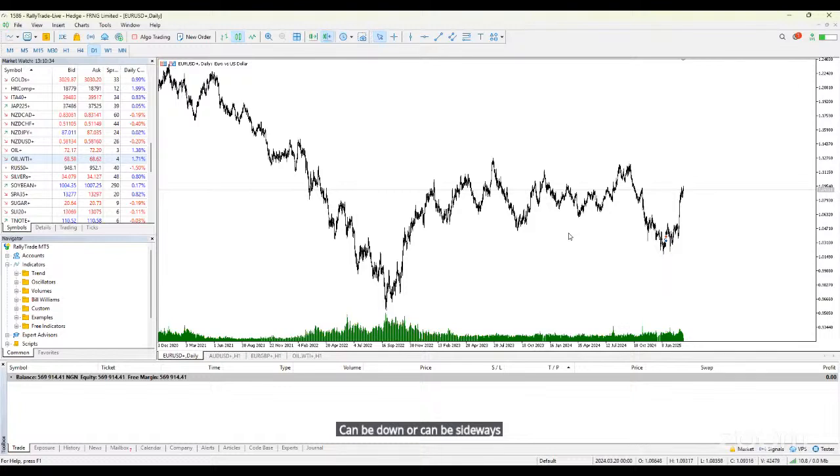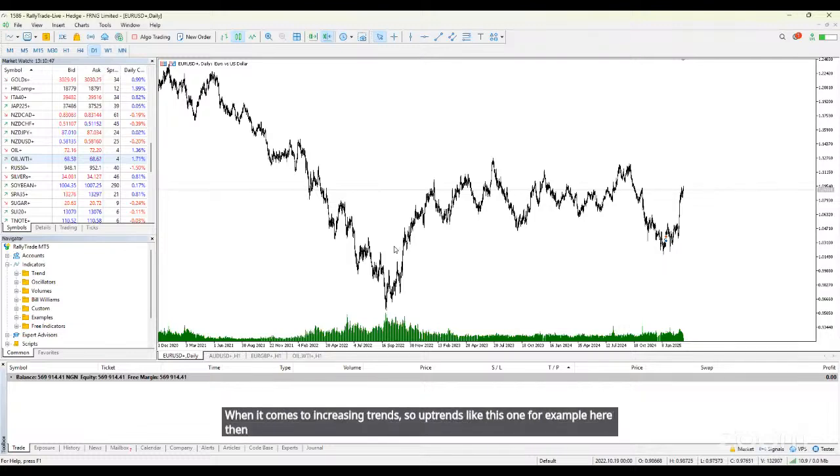Different types of traders have different strategies. When it comes to uptrends like this one, the best case scenario is to try to enter on the side of the trend.